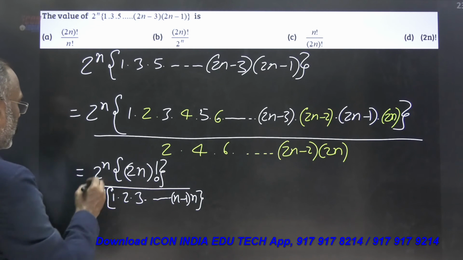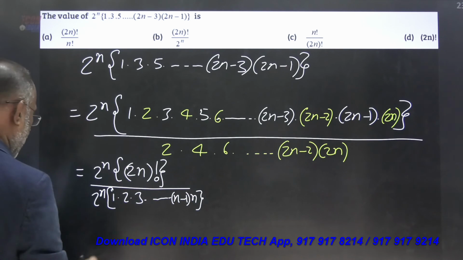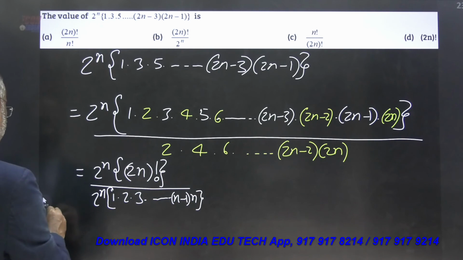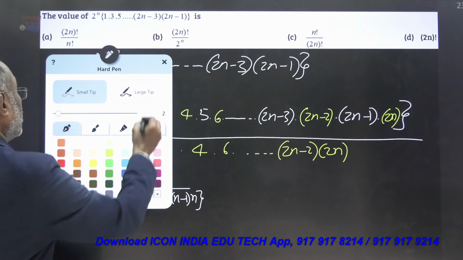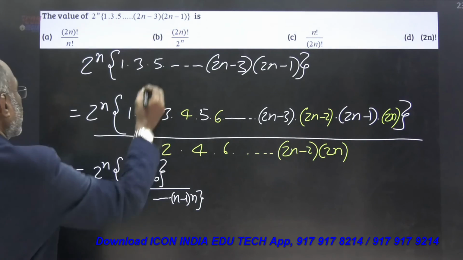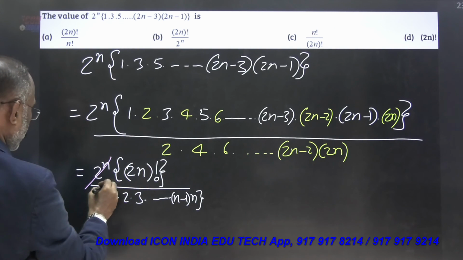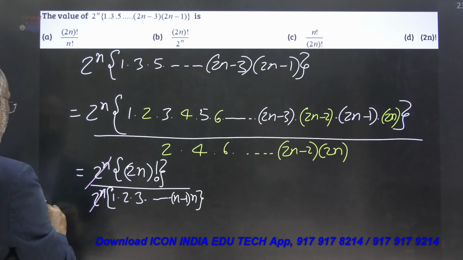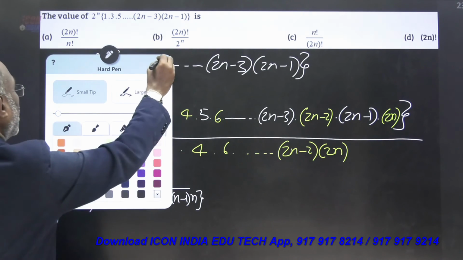My dear boys and girls, just check it out. This 2 power n is getting cancelled now. You see that? You are getting 2 power n cancelled there. And what is remaining? Just check it out.